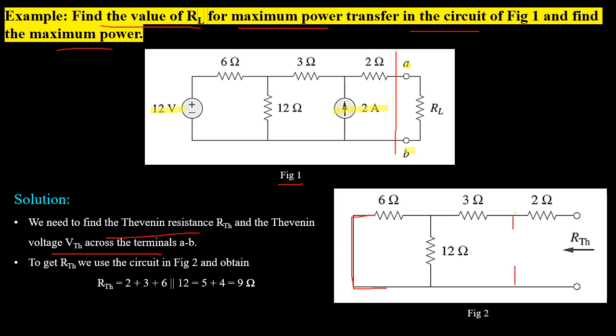Now in this circuit, the 6 ohm resistor and 12 ohm resistor are in parallel, which give us an equivalent of 4 ohms. This 4 ohm resistor will be in series with the 3 ohm and 2 ohm resistors. So the Thevenin resistance at terminals A to B will be equal to 9 ohms.